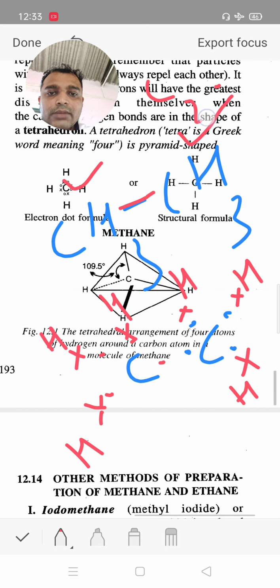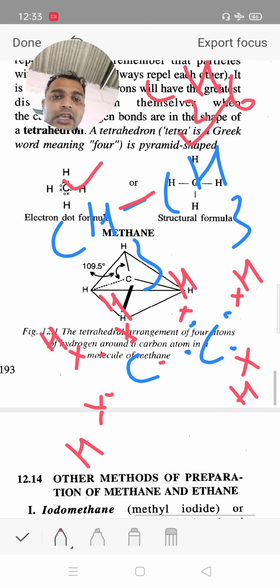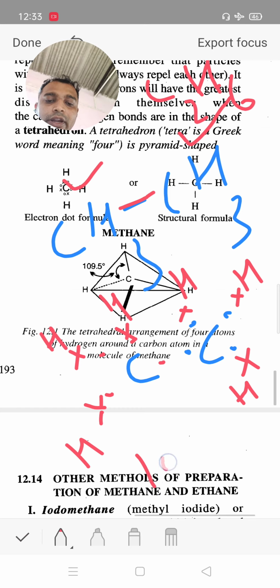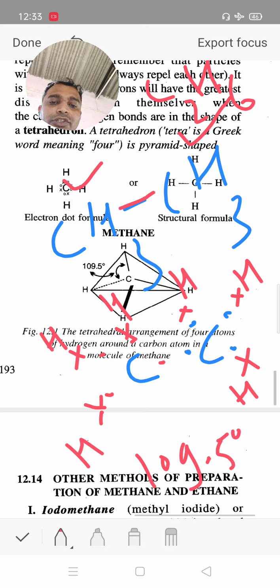Ethane has 2 carbons and a total of 6 hydrogen, with covalent bonds present. It is the structure of the ethane molecule. It has a tetrahedral structure because there are 4 corners, and the bond angle is 109 degrees 50 minutes, or 109.5 degrees. You can also write it this way.